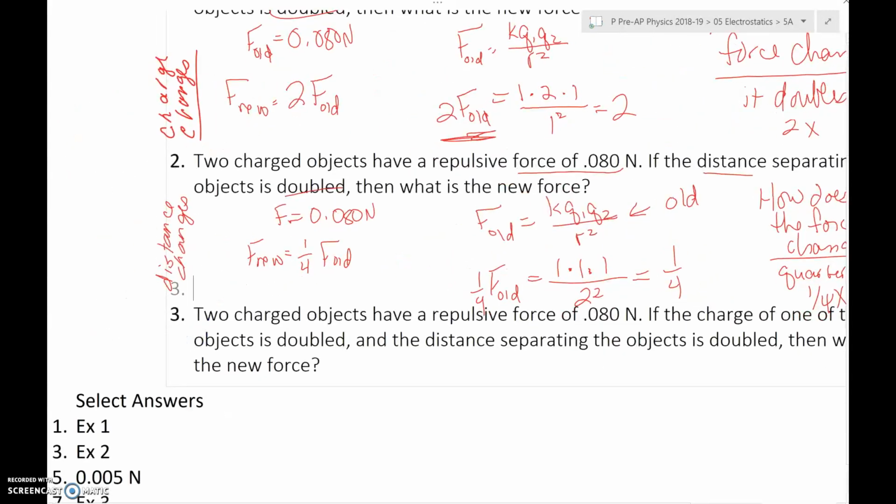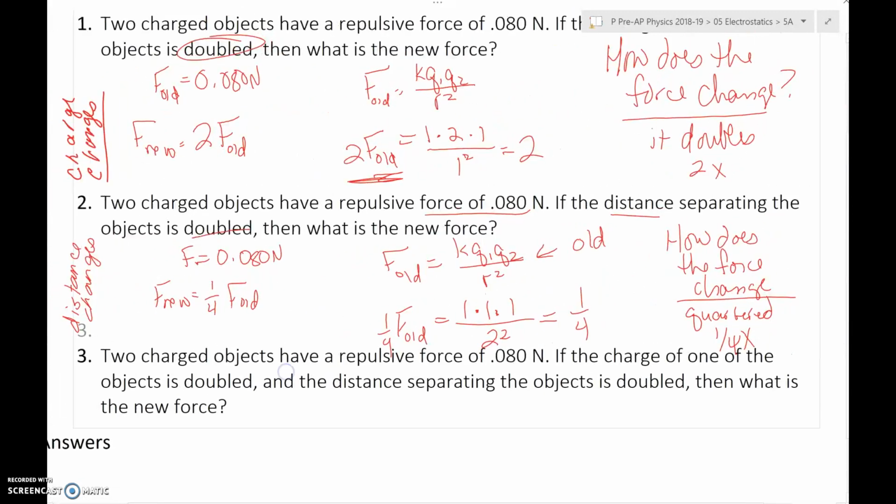So it's 1/4 times 0.08, which is going to give us 0.02. And I also just realized that I wrote down the equation, but we didn't do the math up top. So the math would be 2 times 0.08 for the first one. So your new force is 0.16 newtons.